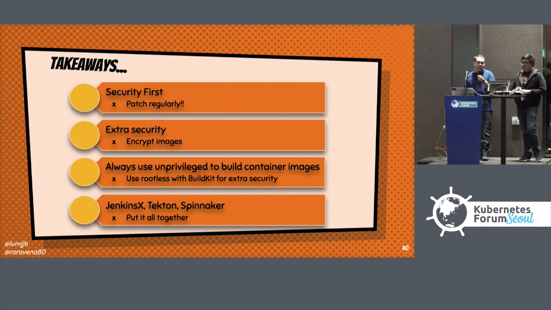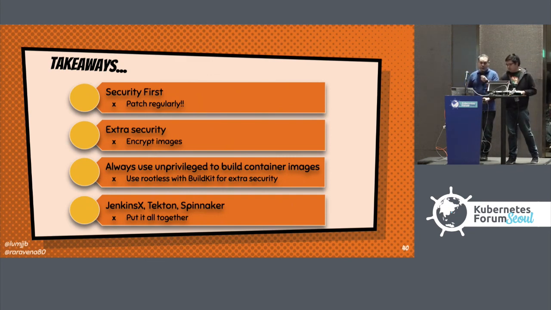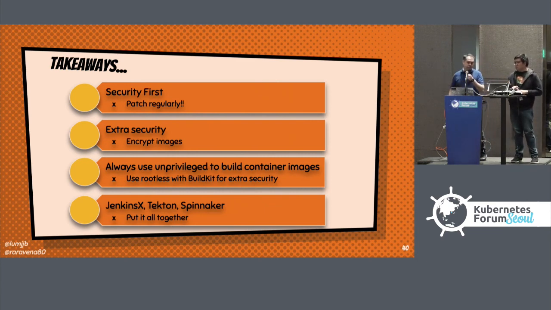So don't allow access to your /proc directory on your system, so that if something breaks into your system, then they can't delete your file system. And then you can take advantage of rootless builds with some of the tools like BuildKit and Buildah. And finally, to put it all together, use some of the tools that we talked about, like Spinnaker, Tekton, and Jenkins X.